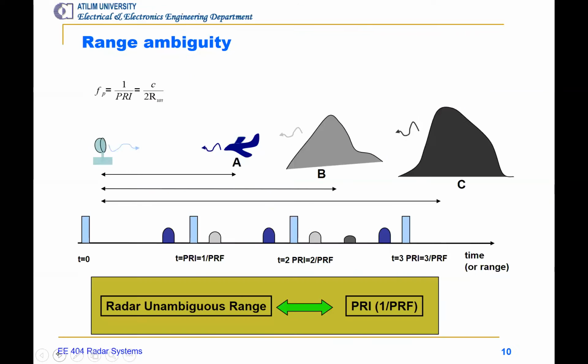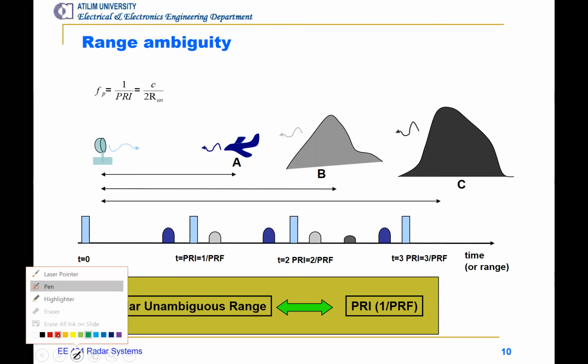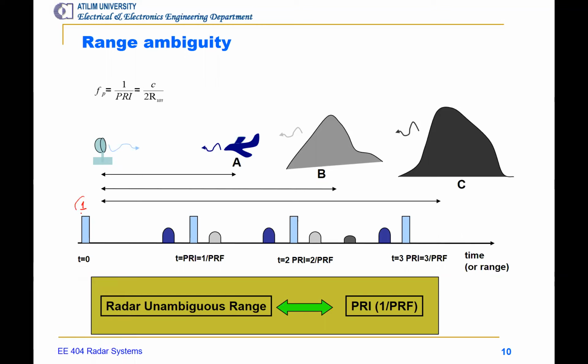And here we see a picture showing range ambiguity. As you see, we transmit a pulse here. This is the first pulse, second pulse, third pulse, and fourth pulse. These are the pulses that I transmit from the radar.